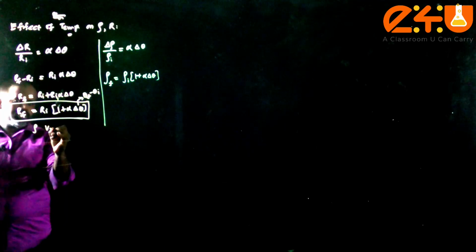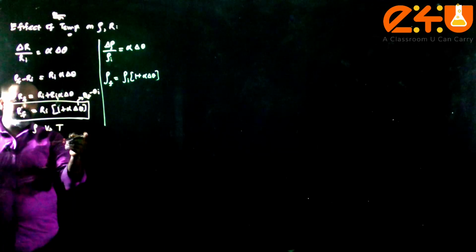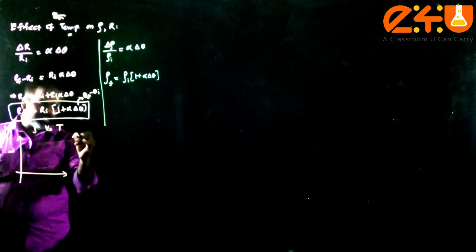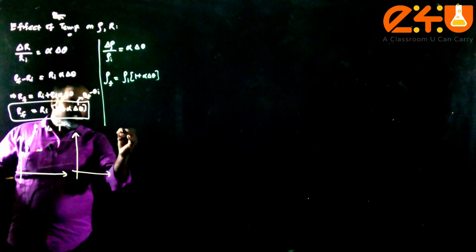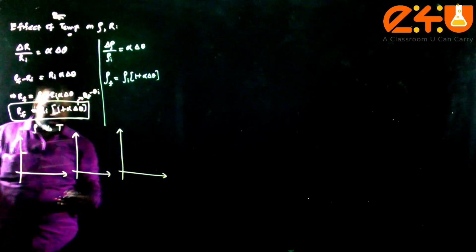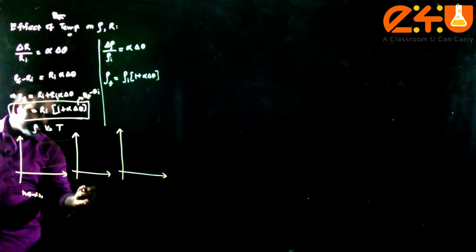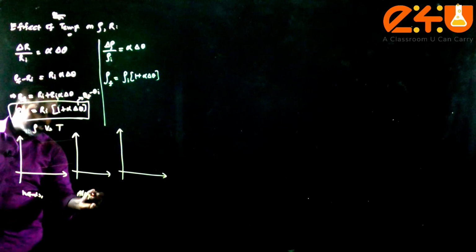The graph of resistivity versus temperature, and here materials can be classified into three categories. One is pure metals, this is for metals, and this is for alloys.